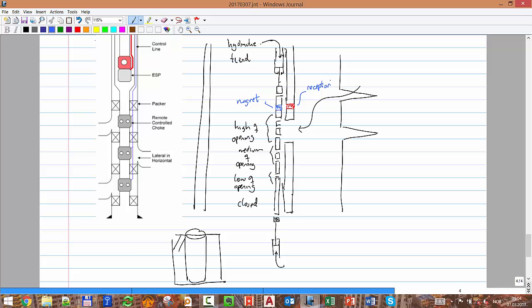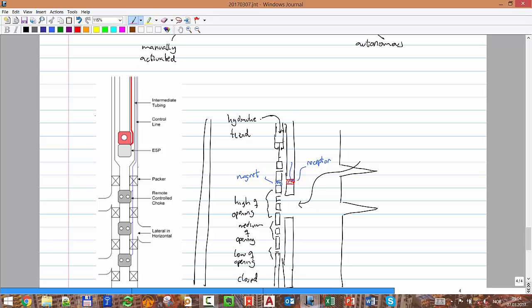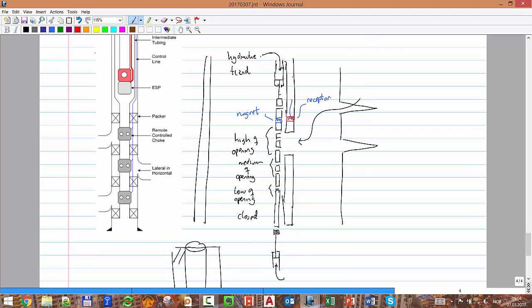This receptor can tell me, and it will have magnets all around the tool. This goes with another line to the top. Here you see I need one hydraulic line going from the top down, and I also need a line coming, of course, with the energy down and then up, so I need two. And that will tell me where I am, the location of my tool.